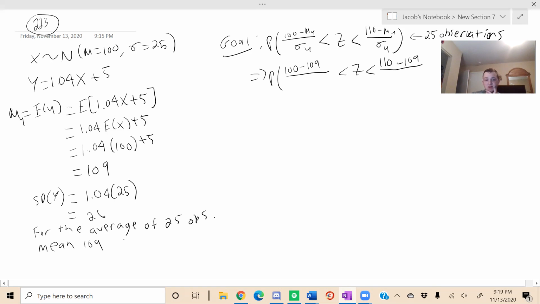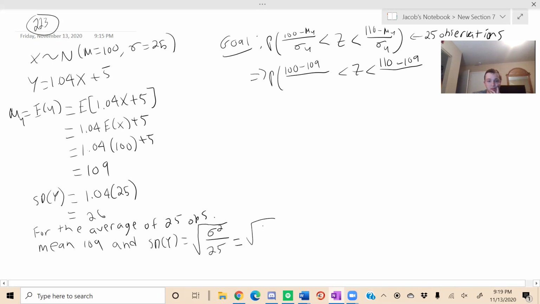And then for the standard deviation, the standard deviation of Y in this case is going to equal the square root of the variance divided by, in this case, 25. So this equals the square root of 26 squared over 25, which equals 26 over 5, which equals 5.2.